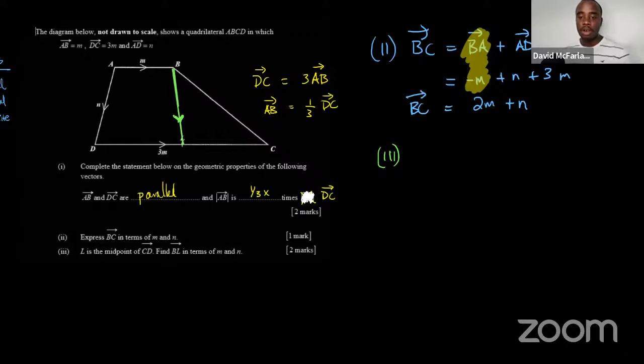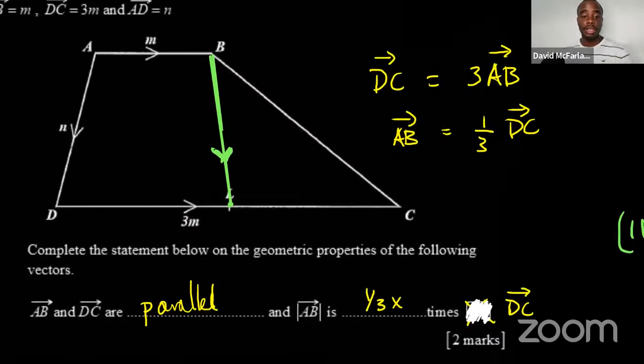From B to L, because we want the vector BL. Sorry, let me write it so you see it well. From B to L. Let me zoom in. So we're going from B to L in green here. Where could we travel?